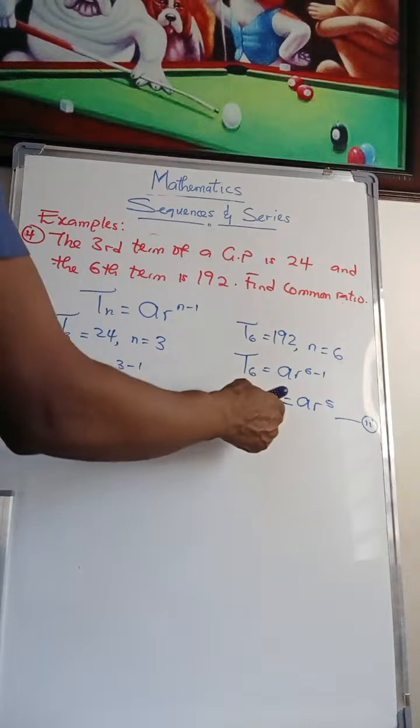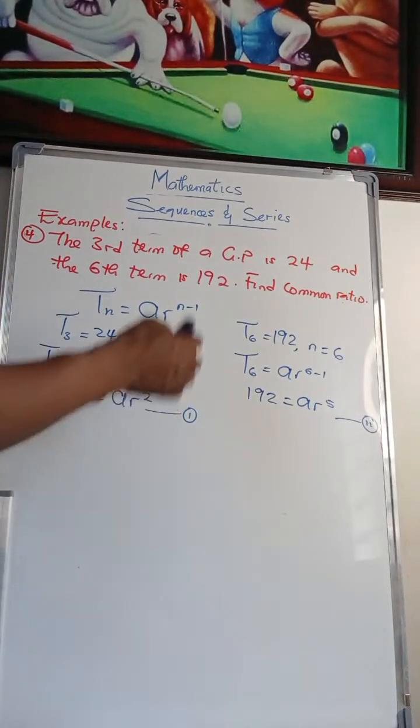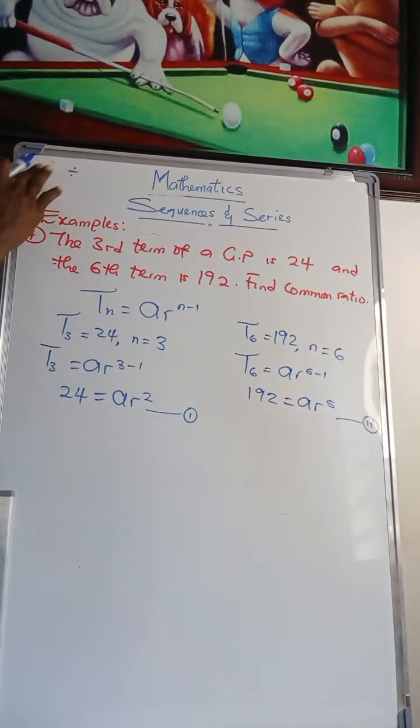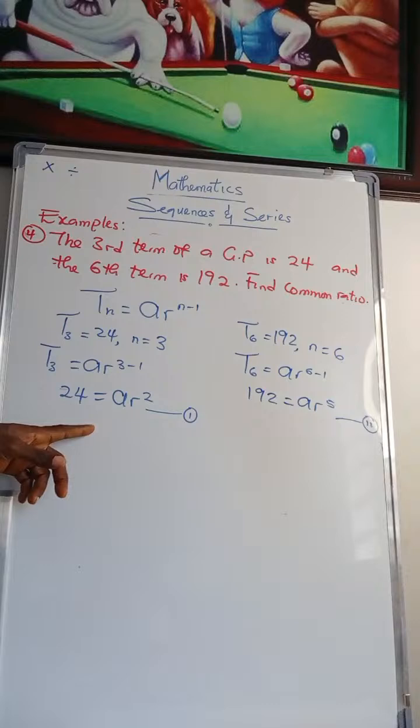Equation 1, equation 2. How do you do this? Because it's geometric, and in geometric progression we deal with multiplication and division, we are going to divide equation 2 by equation 1.